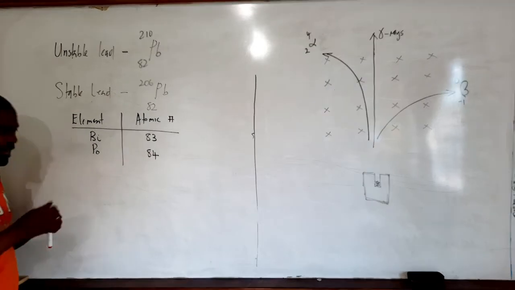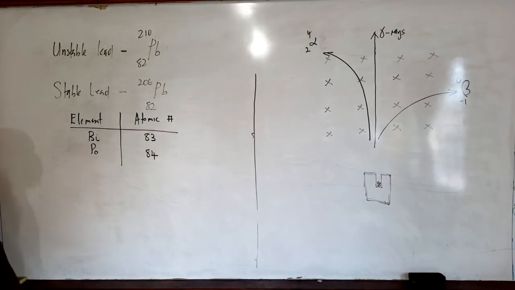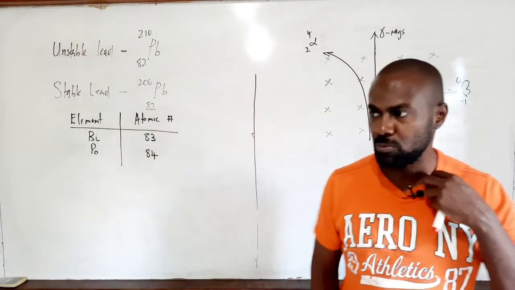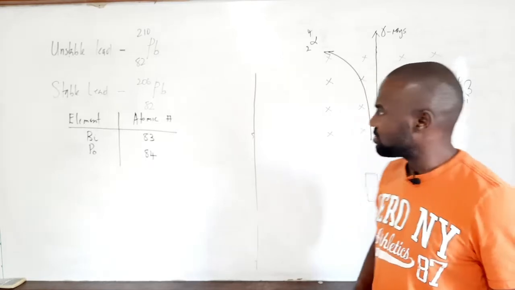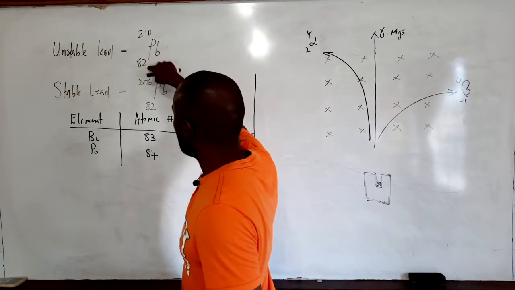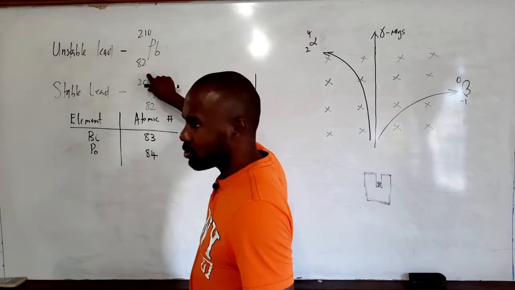Right? Now clearly, we're given these for a reason. And of course, we're expected to use them. If we were not expected to use them, we would not have been given them. So this is information that we have. We have unstable lead, proton number 82, mass number 210. Stable lead, proton number 82, mass number 206.